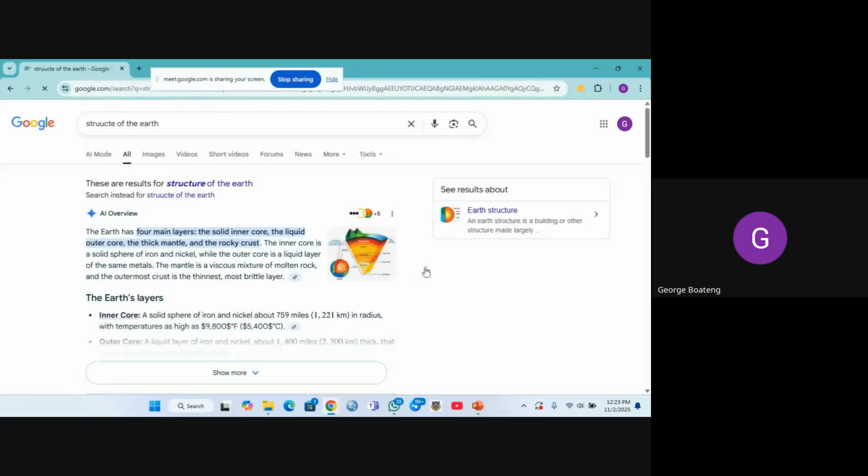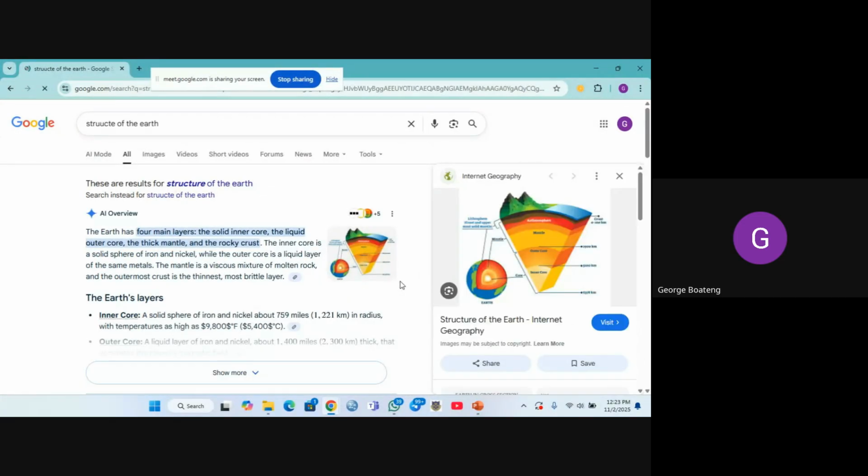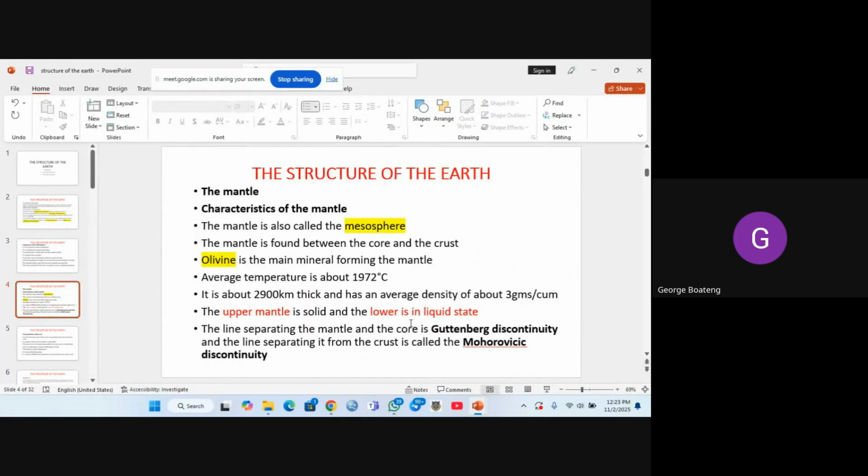Now, the line that separates the mantle from the crust is called the Mohorovičić discontinuity.